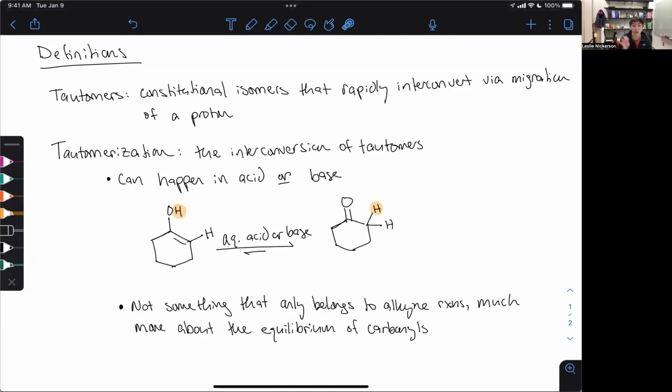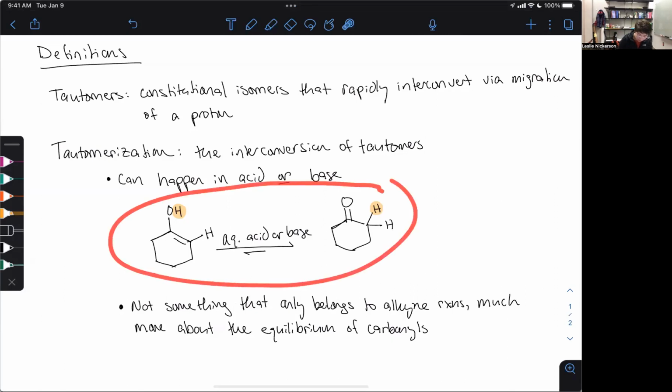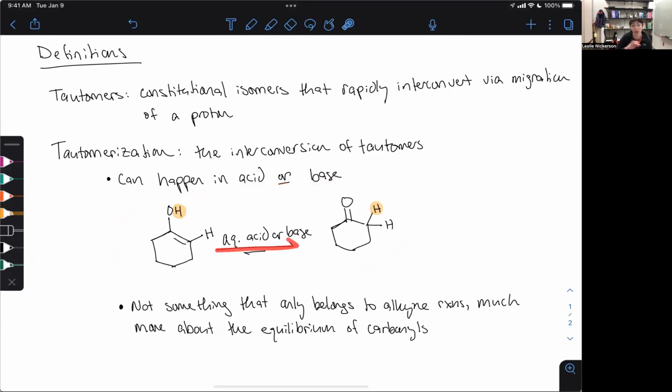So we have the keto and the enol form. We talked in class about how this equilibrium was generally favoring the keto side. This is the keto form, this is the enol form of these tautomers, which are in equilibrium with each other. Generally the keto form is favored because it is lower in energy.